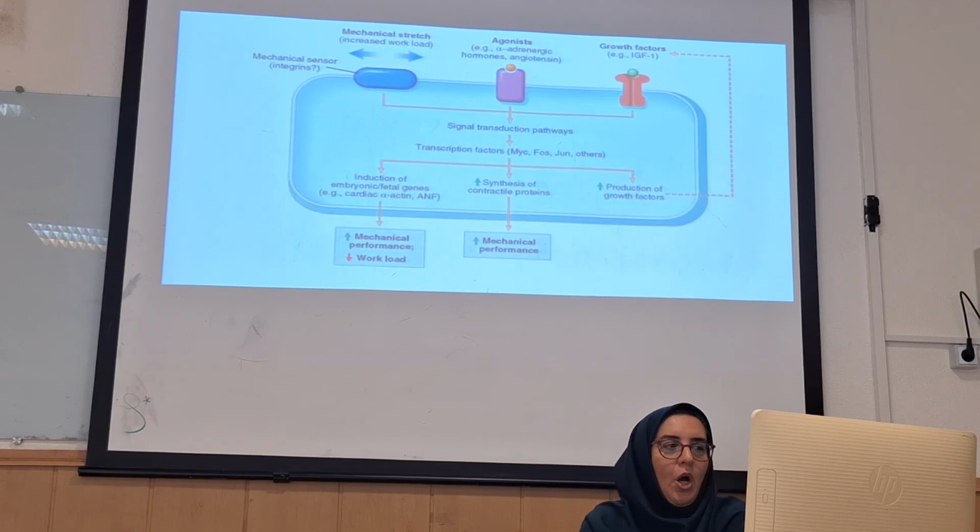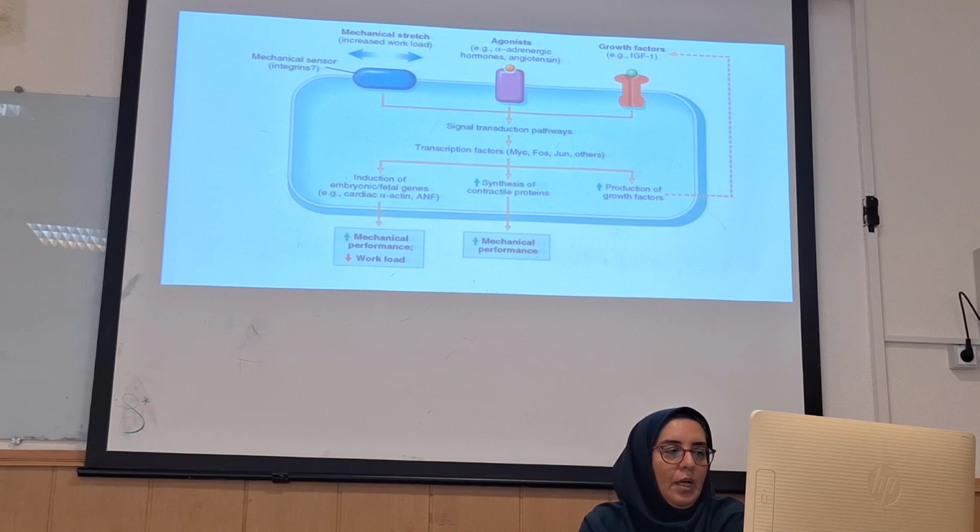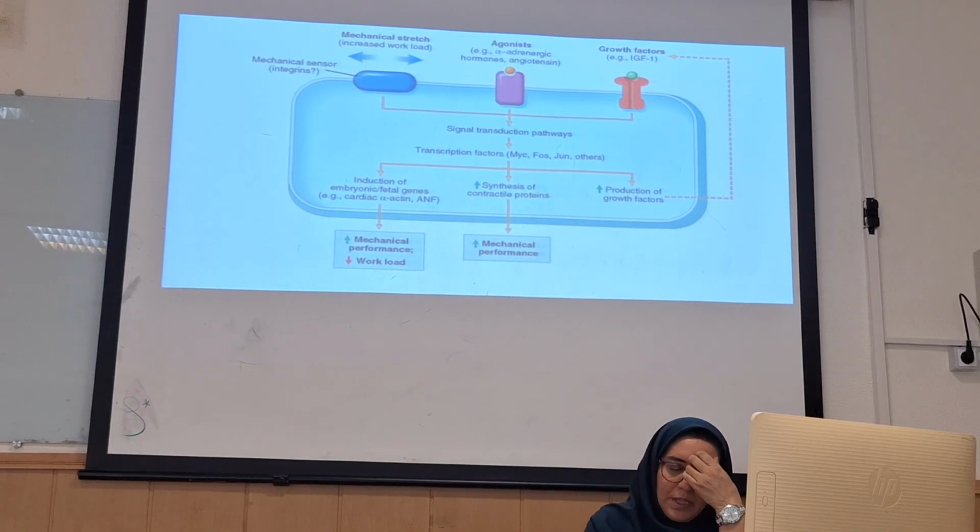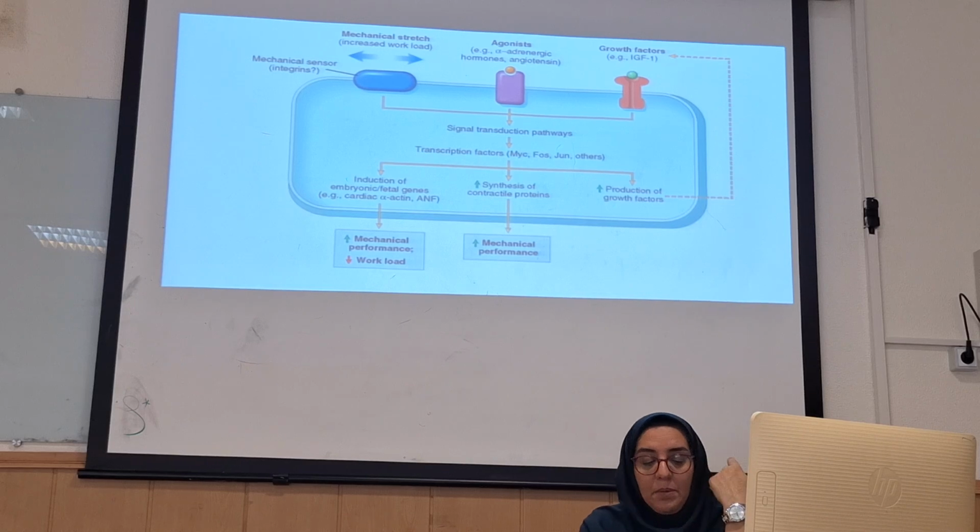Mechanical stretch, agonists, and growth factors lead to intracellular signal transduction, and transcription factors, for example, MYC, FOS, JUN, and other genes are activated. Synthesis of contractile protein increases, production of growth factor and more stimulants, and also induction of embryonic genes. For example, in cardiac muscle, we have embryonic myosin for better contraction and less energy consumption.